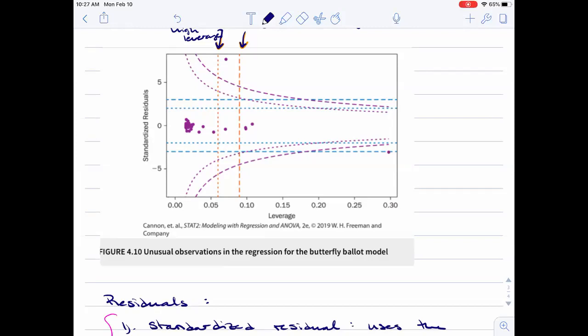That's definitely beyond 3 standard deviations away in our standardized residuals. Long story short, considered extreme. Even this guy, it's more than 2 standard deviations away. It's on the 3 standard deviation line. So you're going to use this to see if there's anything that's beyond these lines, 2 standard deviations, 3 standard deviations. It helps us gauge how extreme things are.